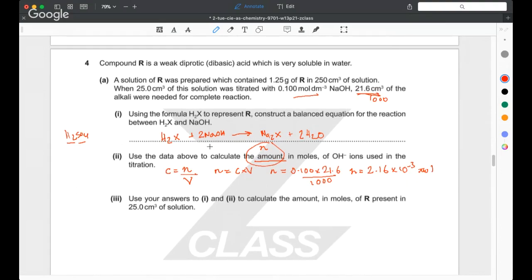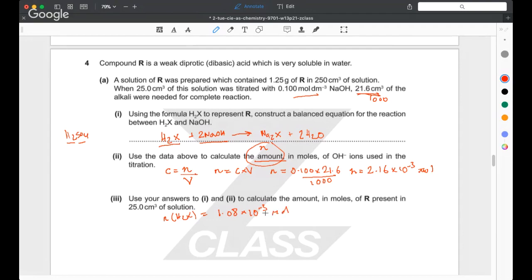Now, you can see here that you've got these stoichiometric coefficients, where there's twice as much sodium hydroxide as there is acid. So if you had 2.16 times 10 to the minus 3 moles of sodium hydroxide, you'll have half of that amount for the acid. So the amount of the acid that you've got is equal to 1.08 times 10 to the minus 3 moles.